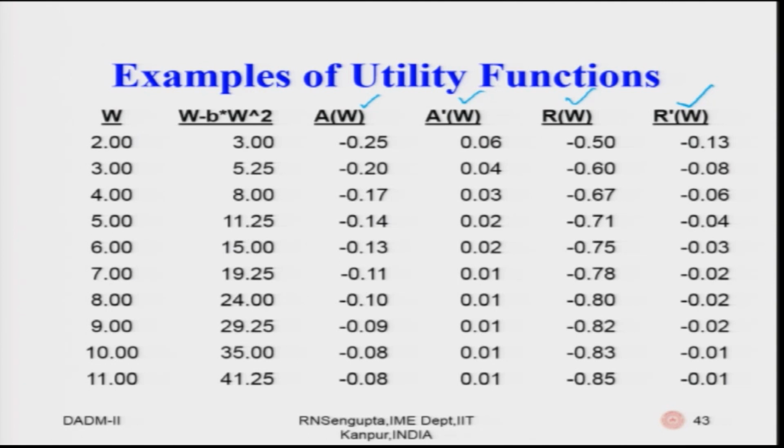It can be any values, it need not be integers, but I am taking integers. Based on those values of wealth, we consider a value of B. If W is 2, it will be 2 minus B into 2 square, 4. So, it will be 2 minus B into 4, which will give us 3.